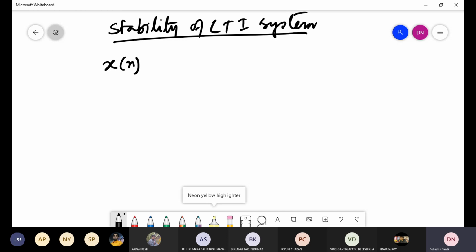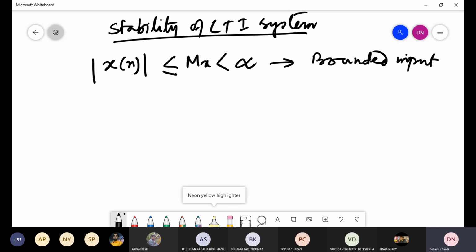Input is bounded means that mod x of n should be less than Mx, or sometimes less than or equal to, and less than infinity, where Mx is always a finite quantity. Then the input is bounded. So this is a bounded input.